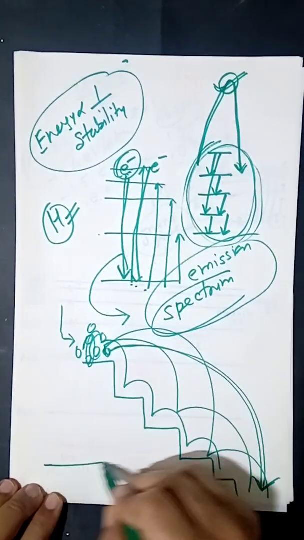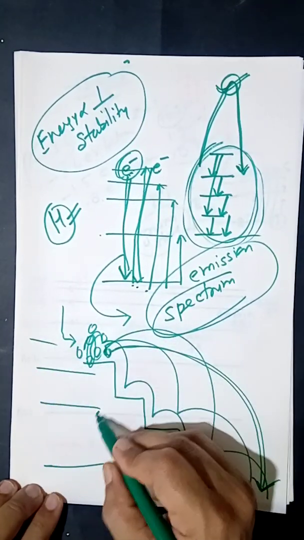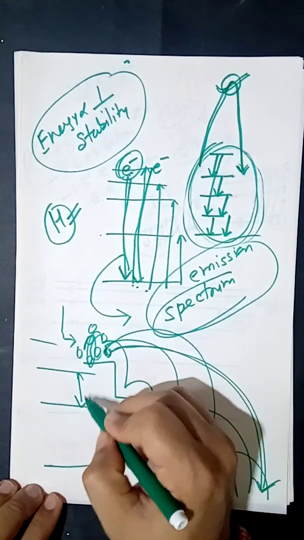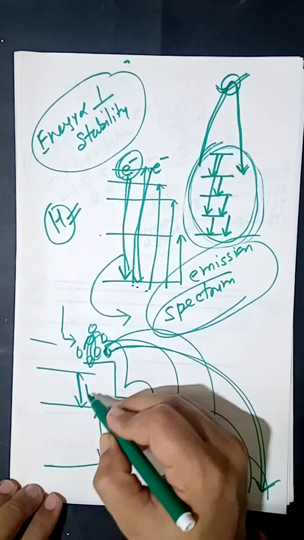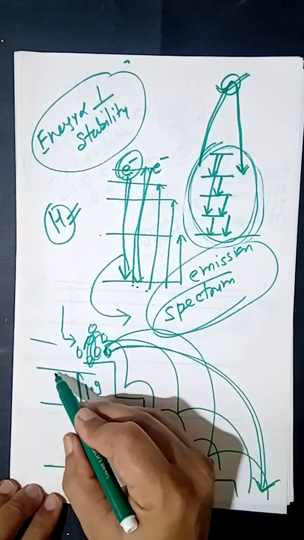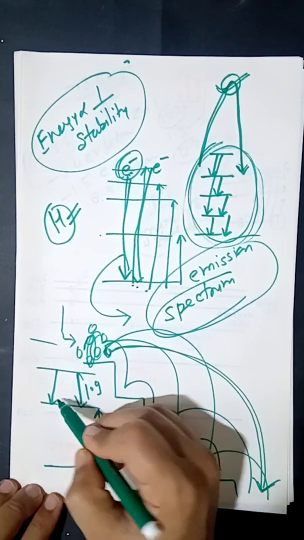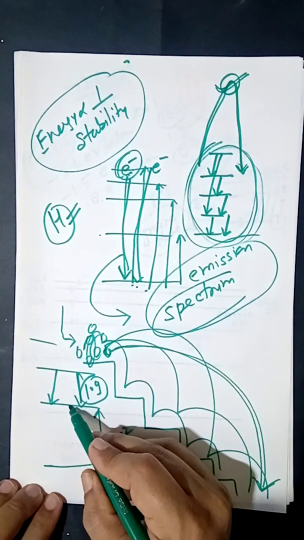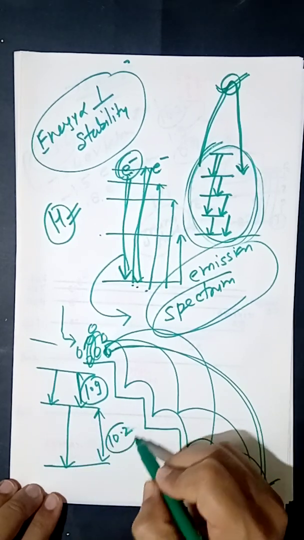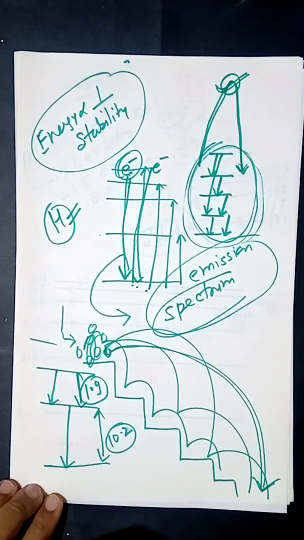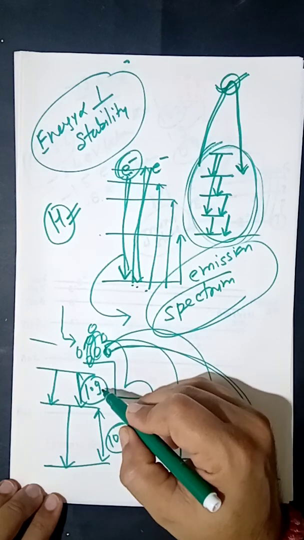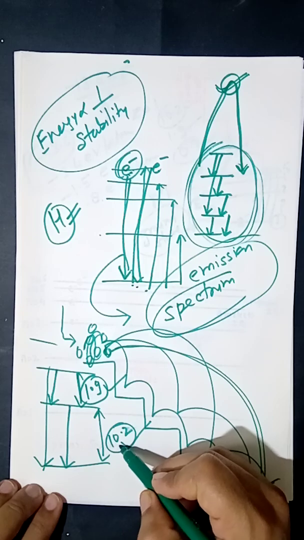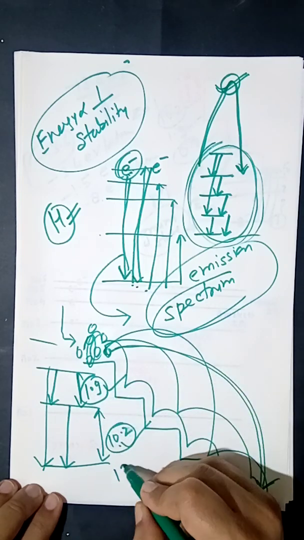For example, the difference in energy between the first and second shell is 10.2. The difference between second and third, which we calculated earlier, was 1.9. So when the electron returns from the third to the second shell, it will emit 1.9 energy only. If the electron returns from the second to the first shell, it will release only 10.2. So we will definitely get 10.2, we will get 1.9, and we will also get 10.2 plus 1.9, which is 12.1.